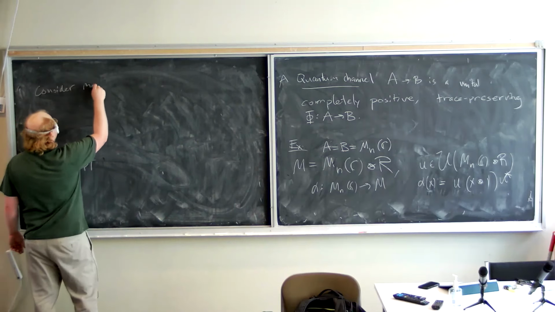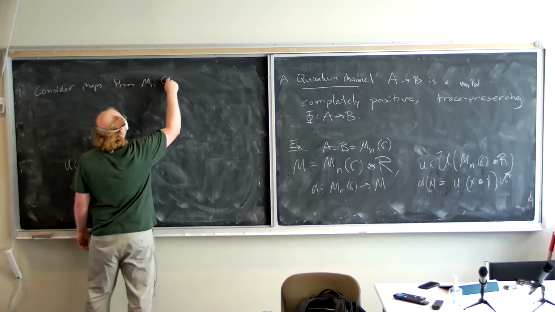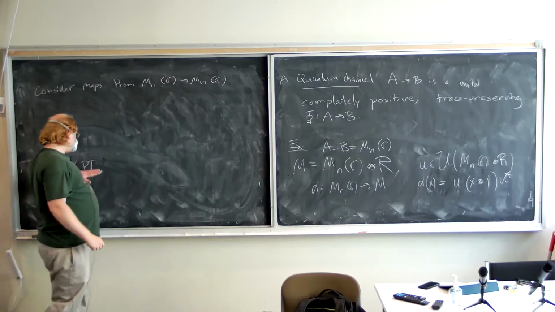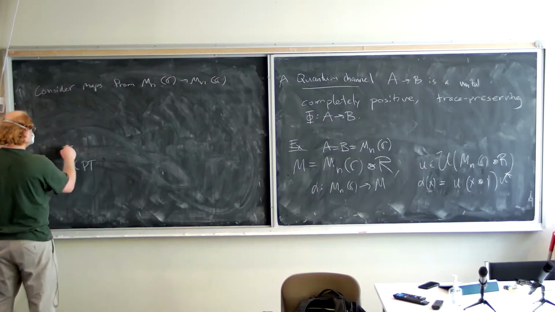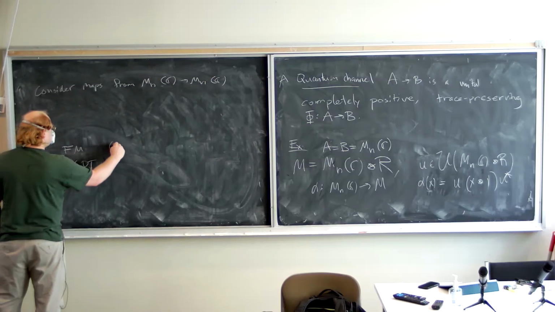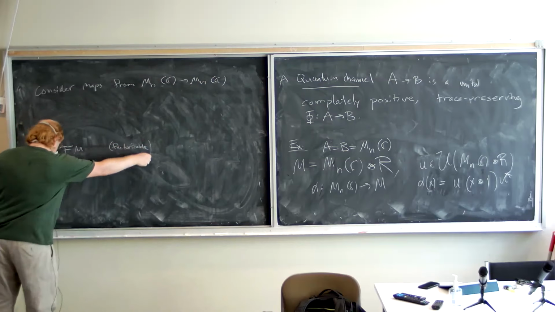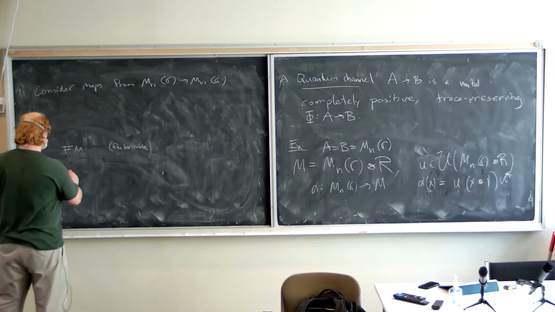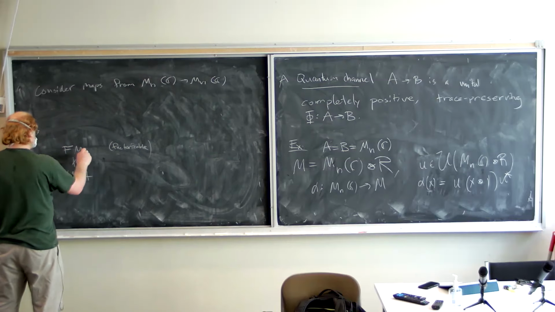So let's say maps from M_n(C) to M_n(C): unitary, completely positive, and trace preserving. Right, and then we have the factorizable. And these are not equal, there's a strict containment here.